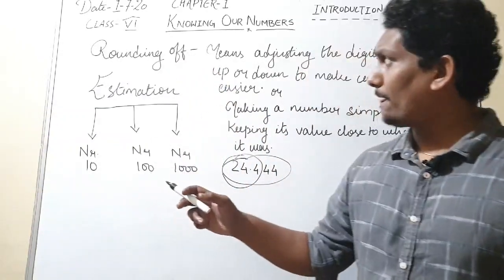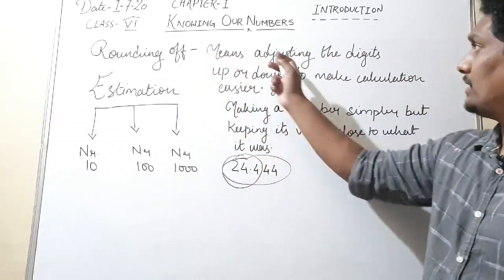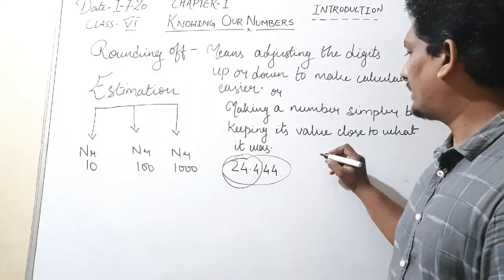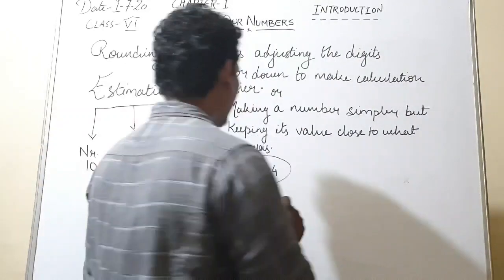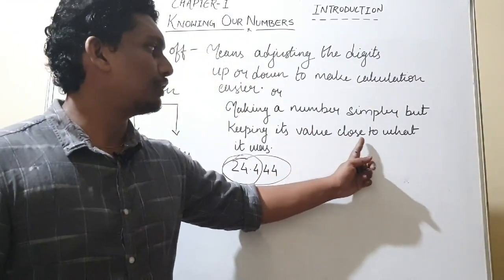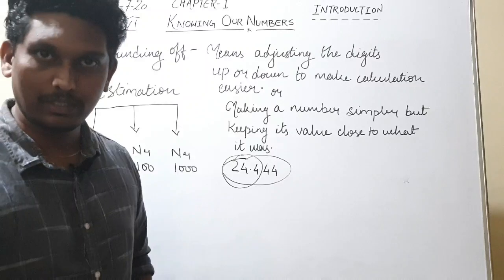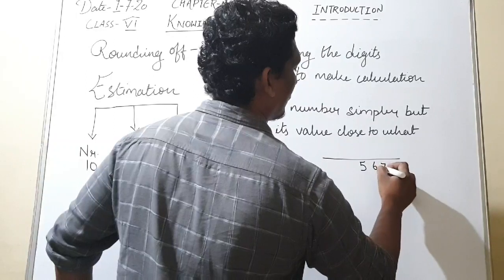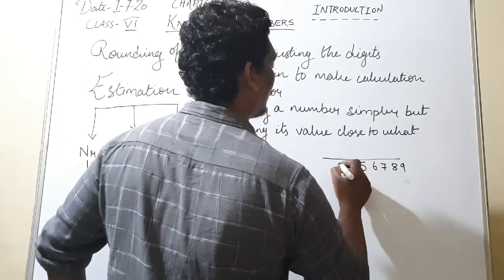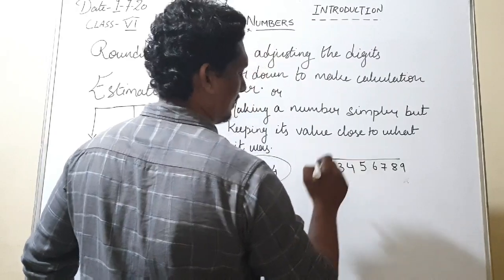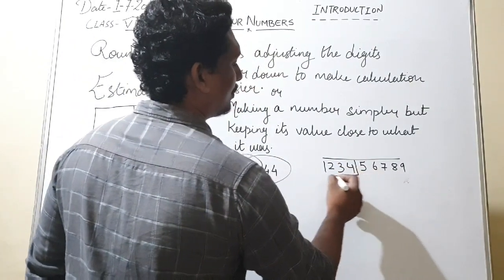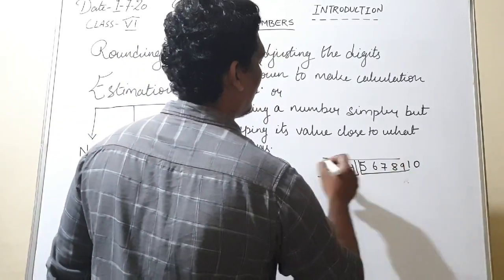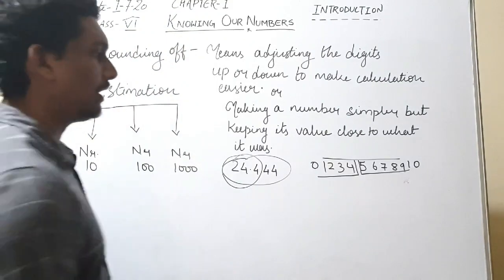Basically it means adjusting the digit up or down. Up or down depends upon how close its value is to what it was. If the digit is 5, 6, 7, 8 or 9, or 4, 3, 2, 1, the number is closest to either this section, 10, or that section, 0.